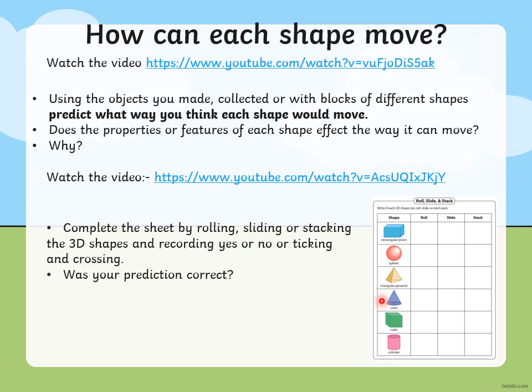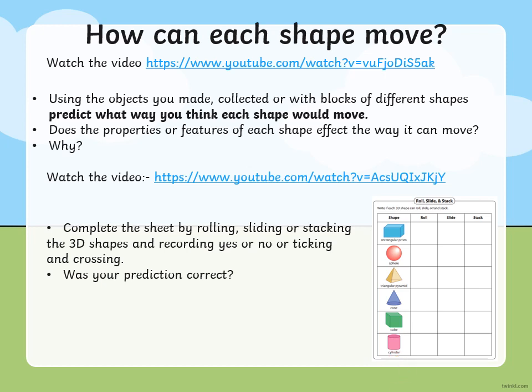All right, the next one is a triangular pyramid, and then we've got a cone, and then a cube, and then we have a cylinder. So you can just fill out that worksheet by writing yes or no. You might even like to take some photos and add it to our Google Classroom. We always love to see the photos of you experimenting and trying new things. So have a go with this.